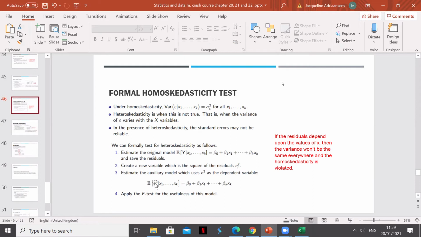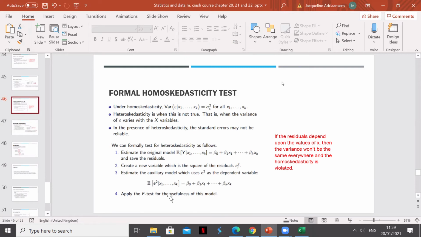So you want to test if E squared depends on your X's. So you fill in your normal model, but instead of your Y, you fill in E squared as your dependent variable, because you want to see if this depends on your X's. And you're going to, again, apply the F-test to see if those coefficients are non-zero, or at least one of them is non-zero, then of course E squared depends on at least one of those.